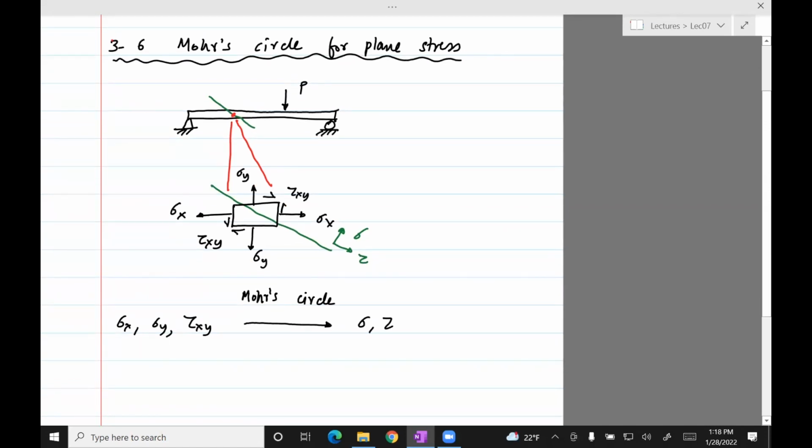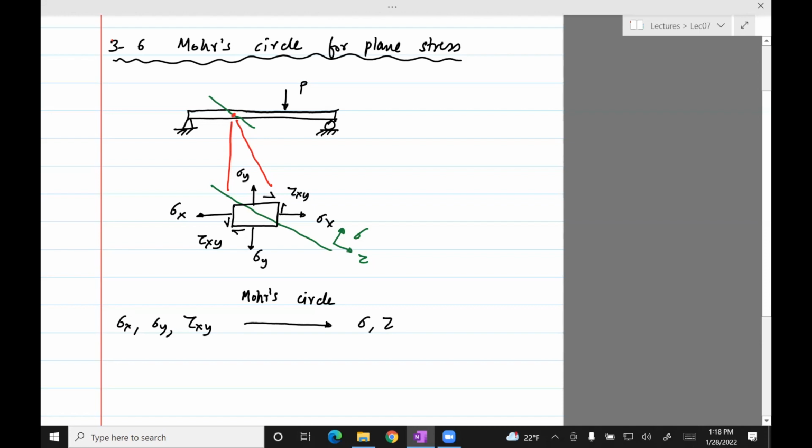Now there's something about this and computers. That is, there were no computers then, or they were very slow, and they wanted a method which was easy to use in the field. Mohr Circle is a very easy to use graphical method to solve the problem.